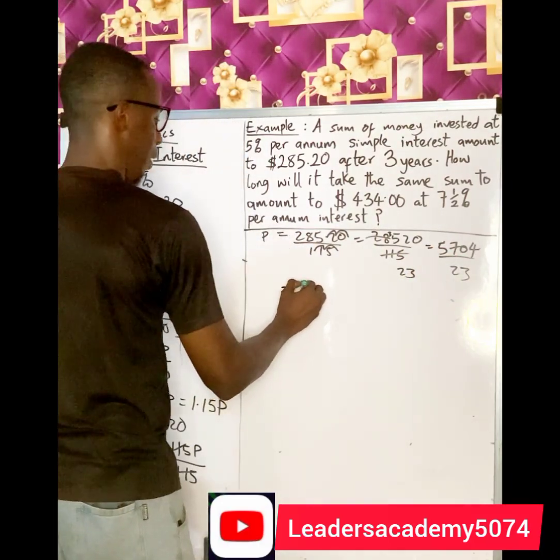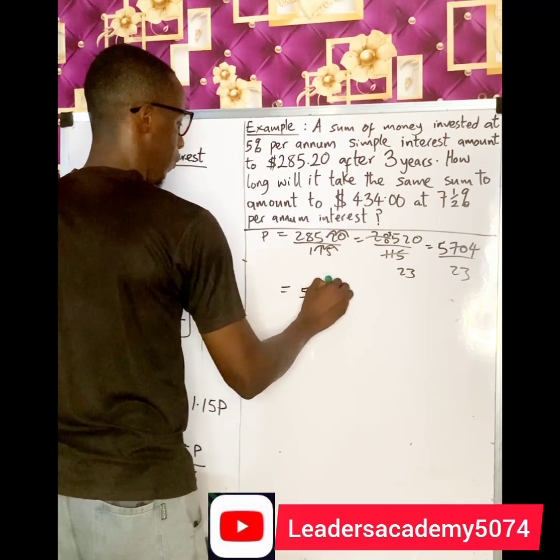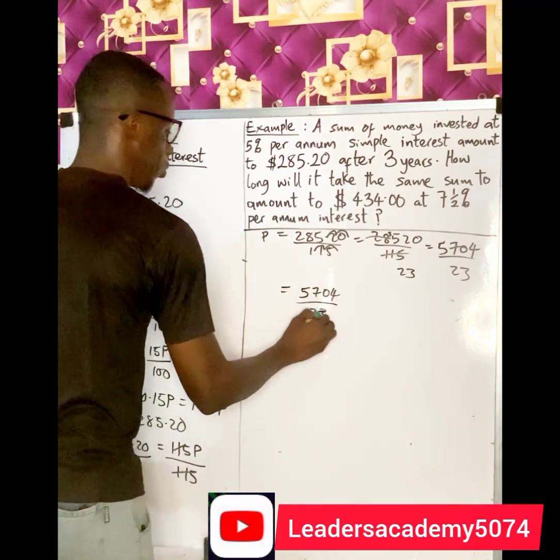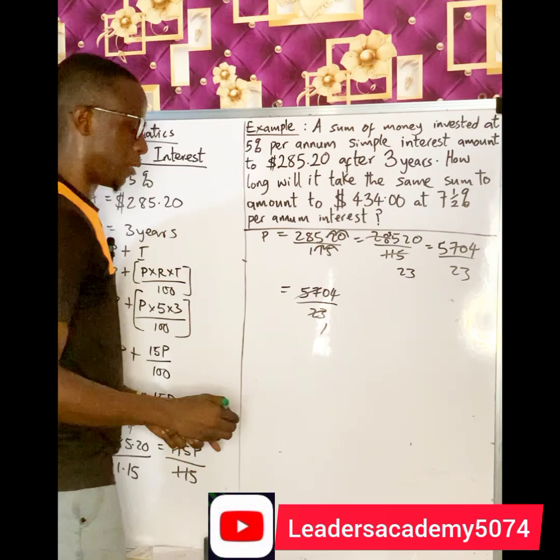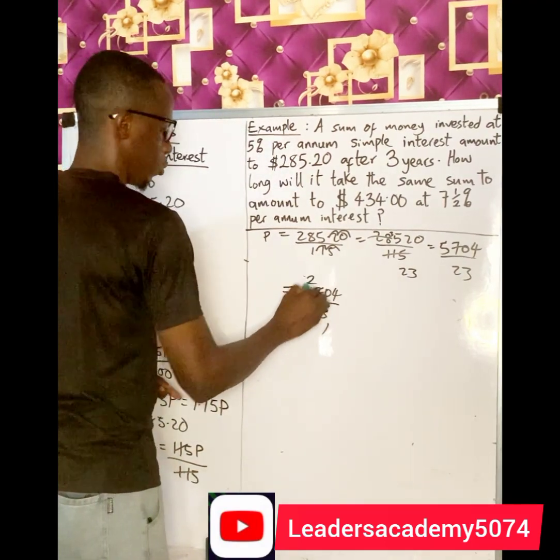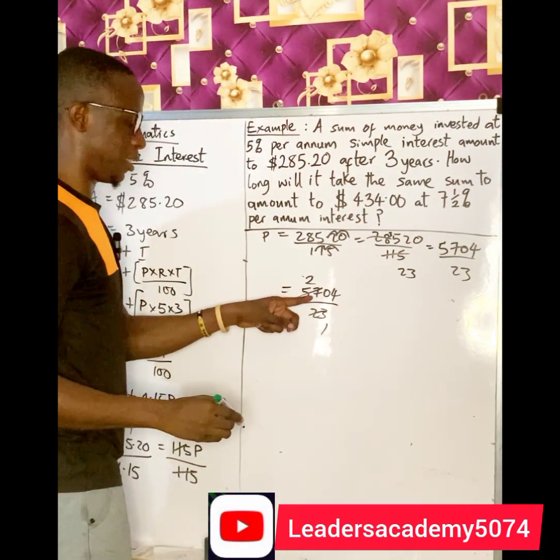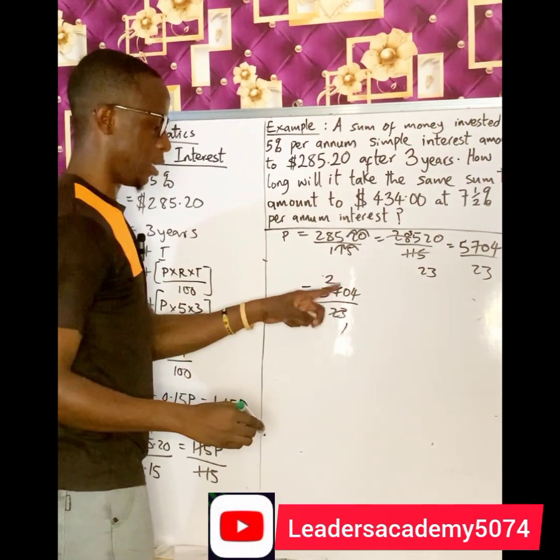So this is equal to 5704 over 23. 23 into 57 is 2, which gives 46, remainder 11.